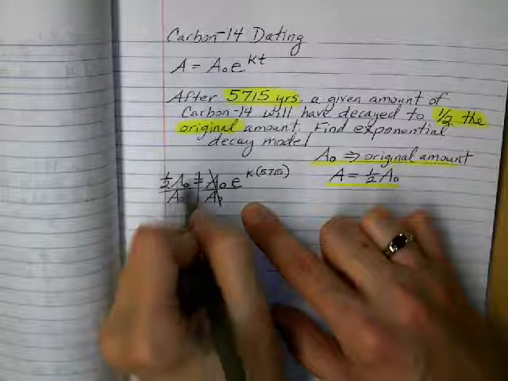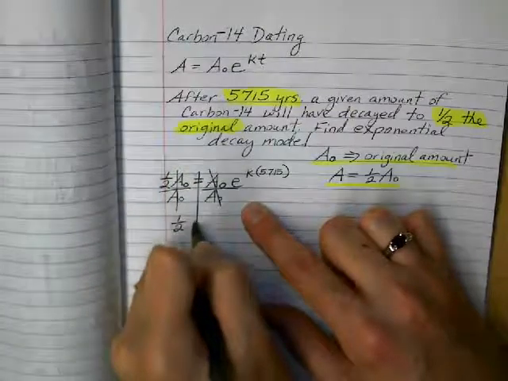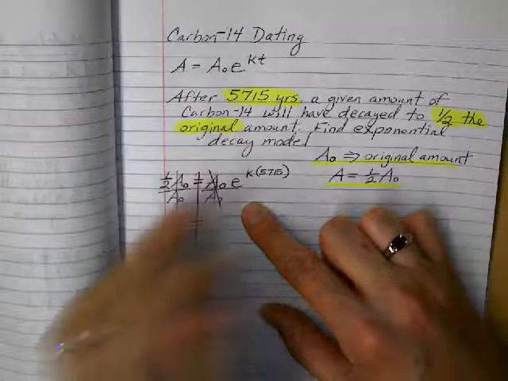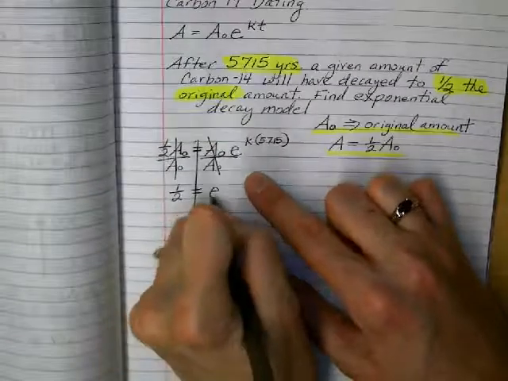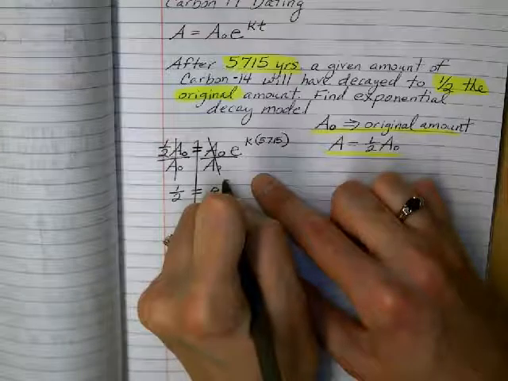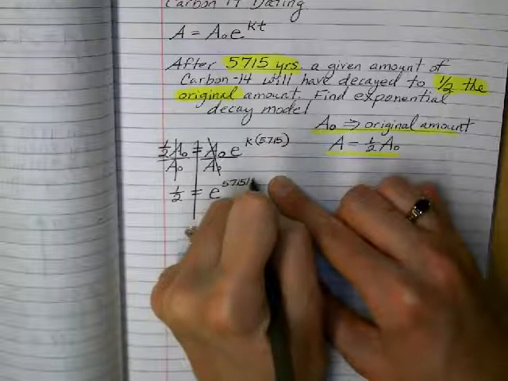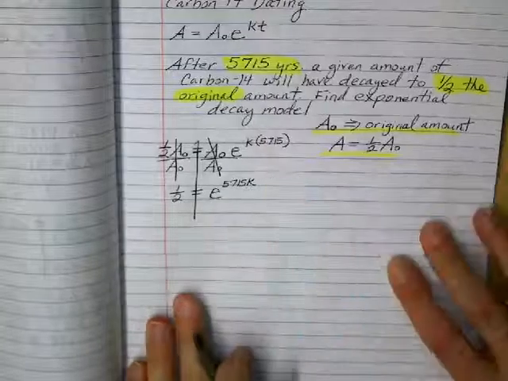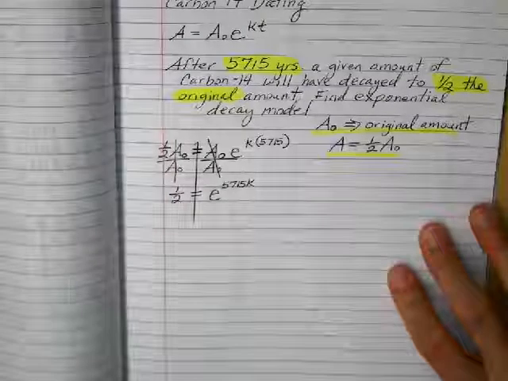We're saying the problem's going to just equal 1/2. So we have this 5,715 years. If it just says half the original amount, the problem just equals half of A0, and then A0 is going to cancel out when you divide.